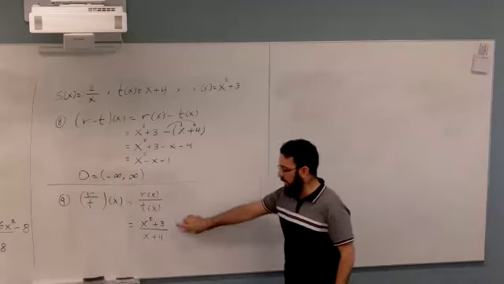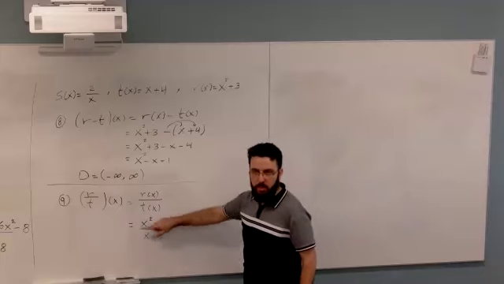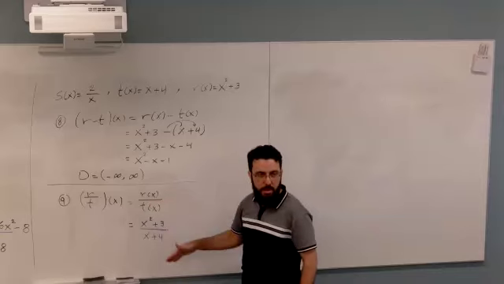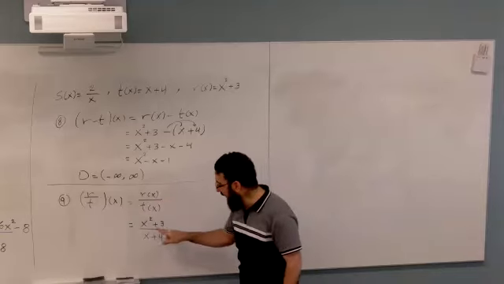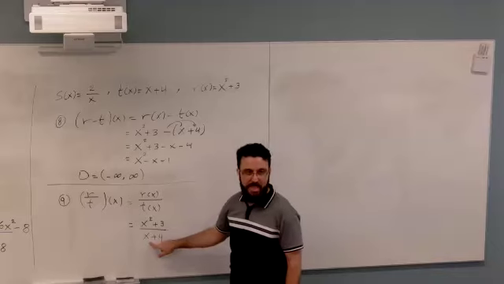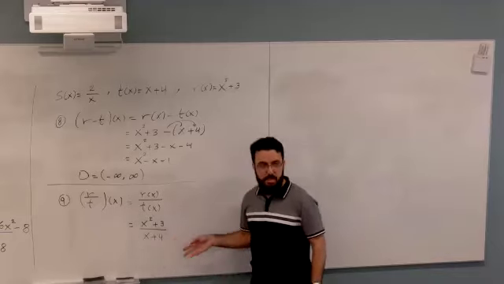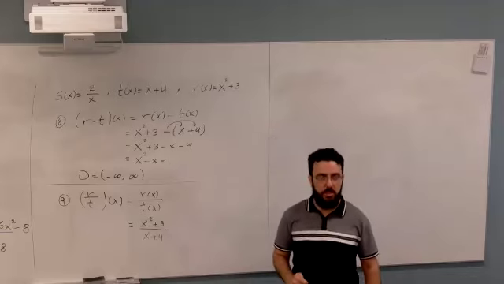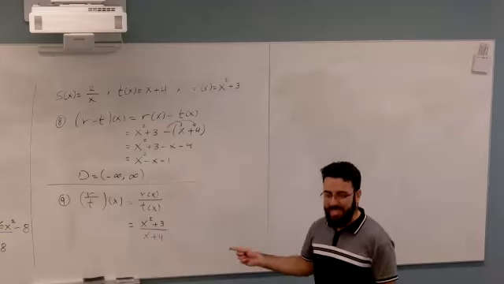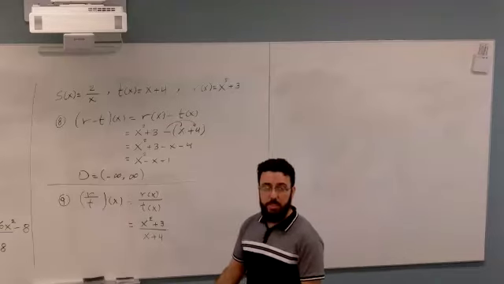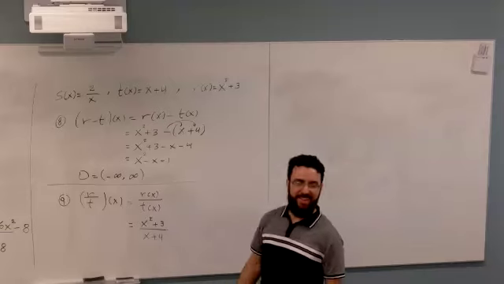Here we don't have a common factor, so I can't do anything with the bottom. Can I cancel top with the bottom? No. Don't cancel the x with the x. That's not going to happen. Now that's the result. Sometimes some of the students say, okay, that's the result. Yes, this is the result, you can't simplify it.